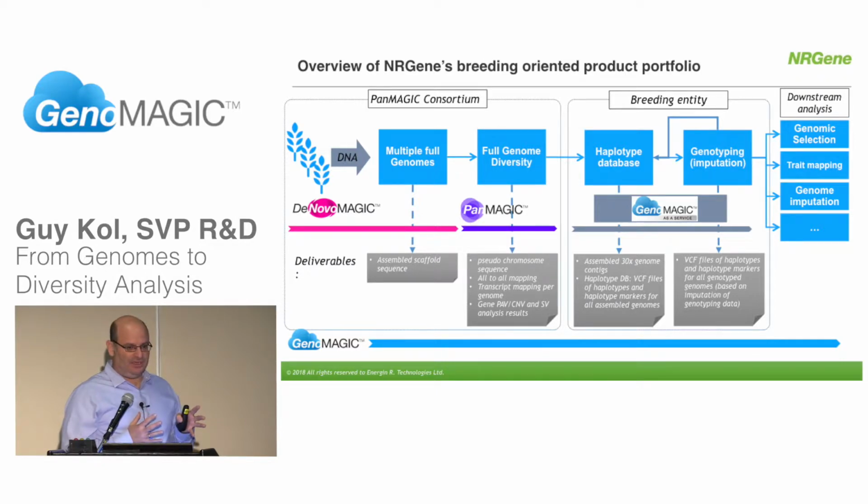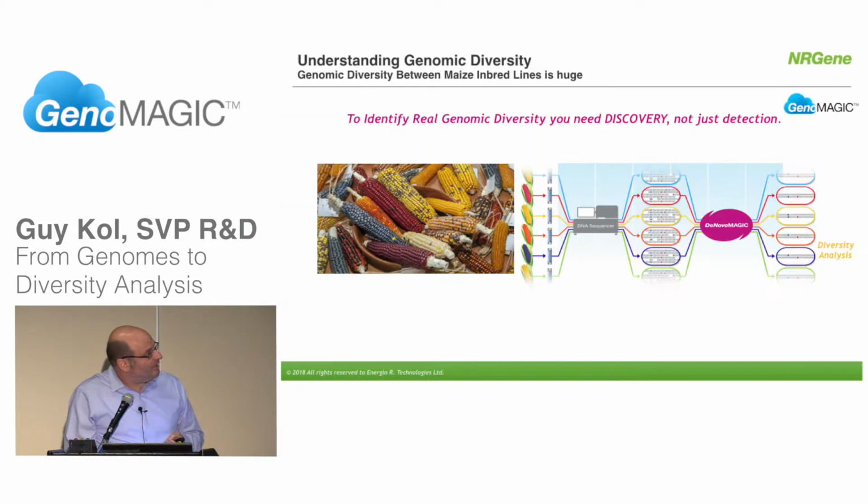This is used as an infrastructure for the next phase, which will analyze a much larger diversity. This is where we cover a diversity big enough for breeding, in a way that's cost-effective and translatable to breeding settings with very efficient and high accuracy genotyping.